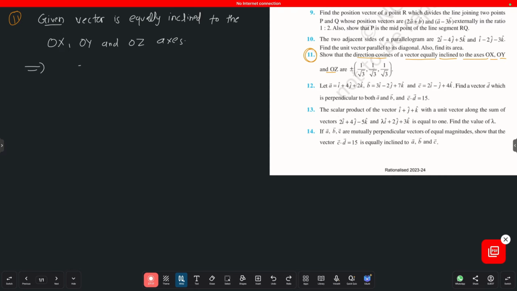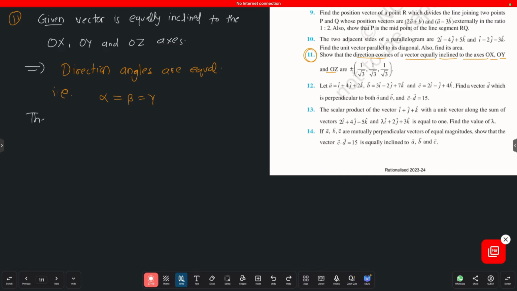It implies that alpha equals beta equals gamma. These are called direction angles, and their cosines are direction cosines. So the direction angles are equal: alpha equals beta equals gamma.